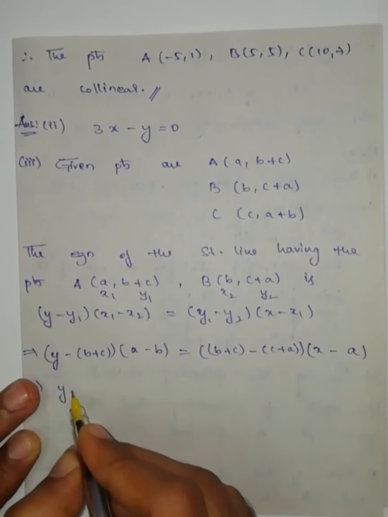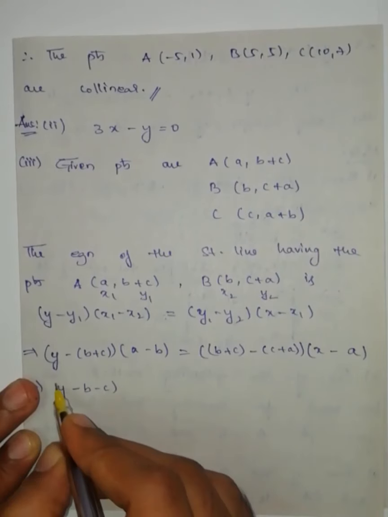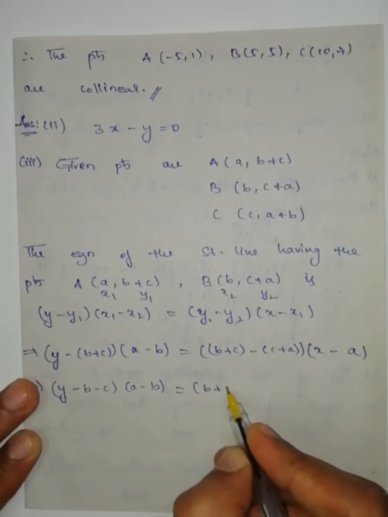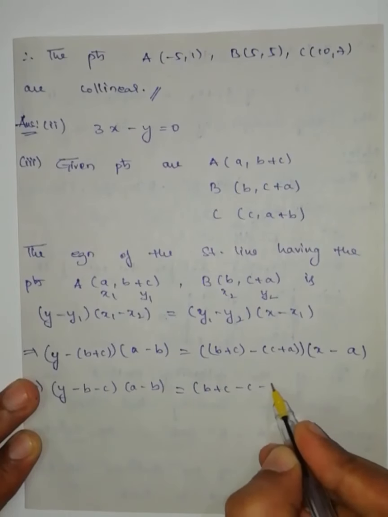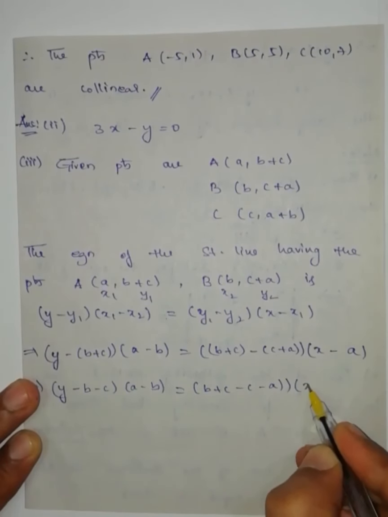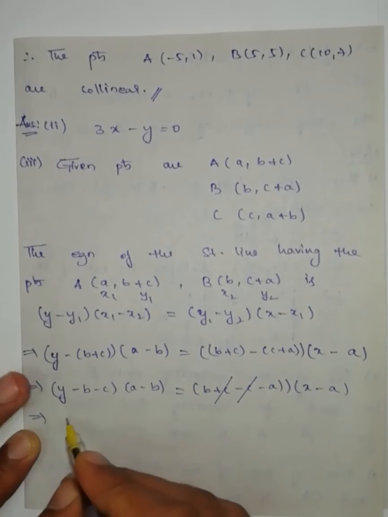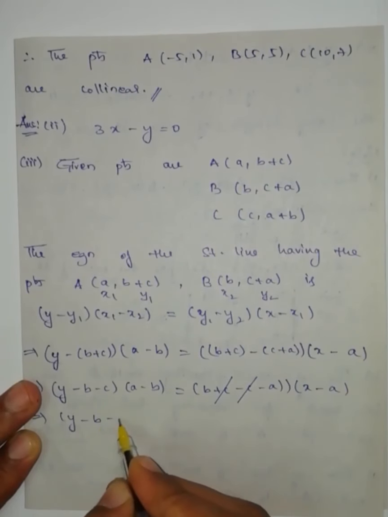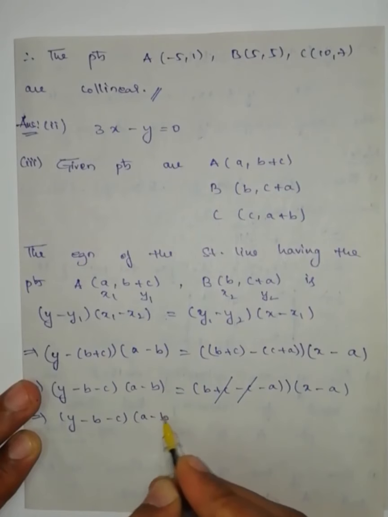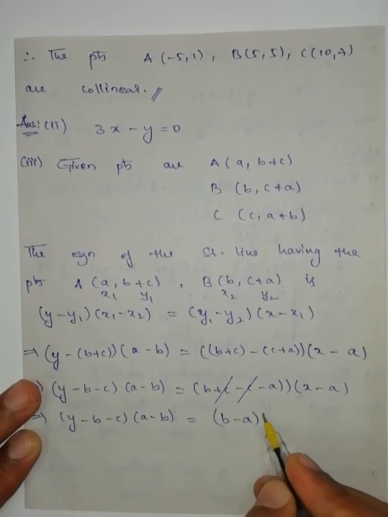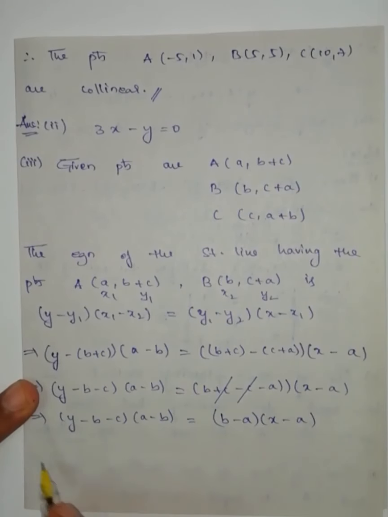This implies y minus b minus c into a minus b is equal to b plus c minus a into x minus a. Plus c minus c get cancelled. y minus b minus c into a minus b is equal to b minus a into x minus a.